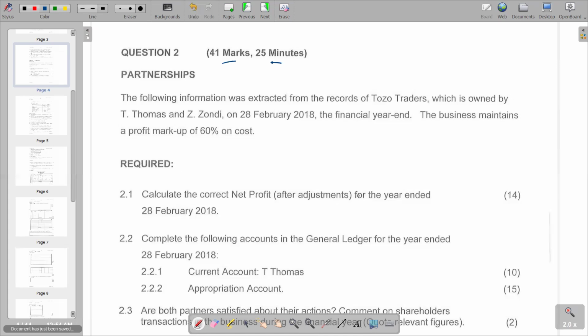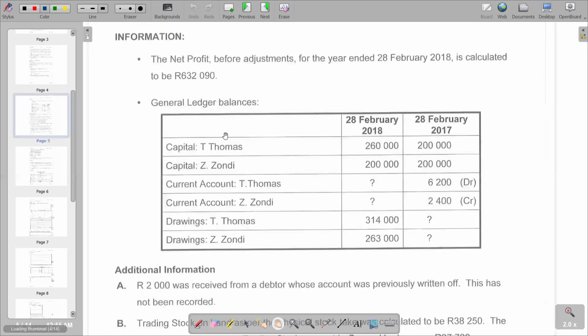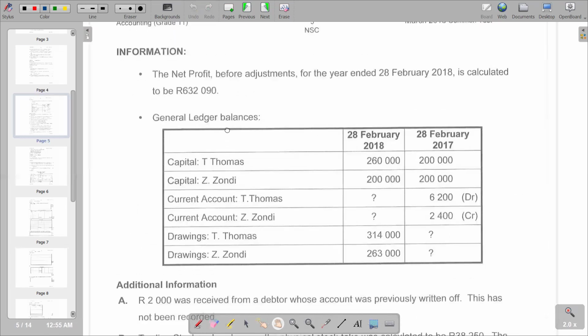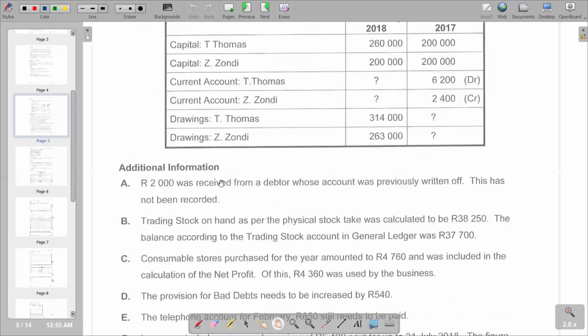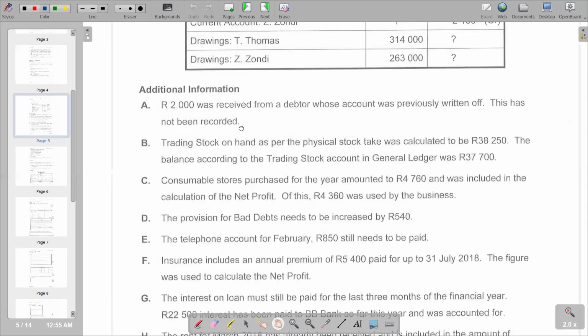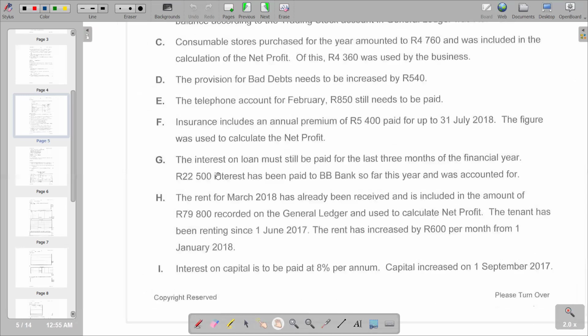This is the information that we have in the question that you need to go through before you start to answer the question. So we go to information I.